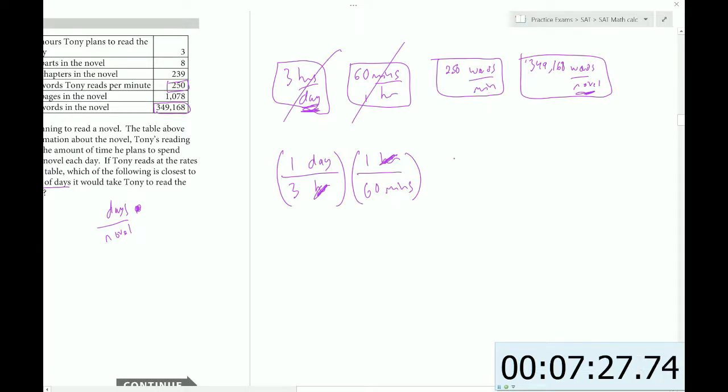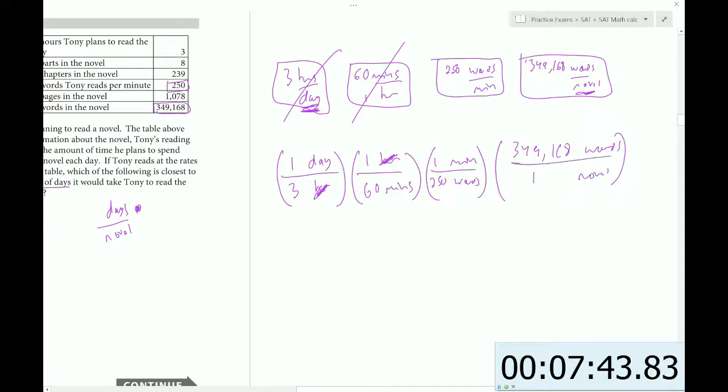Now we have to get rid of minutes, so we'll put 1 minute and 250 words. Okay, and then finally we'll put 349,168 words, and that goes with 1 novel. So the words will also cancel out along with the minutes canceling out. We'll get days per novel.